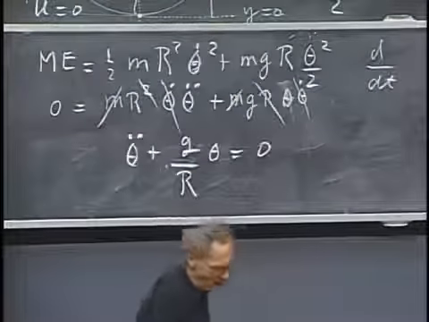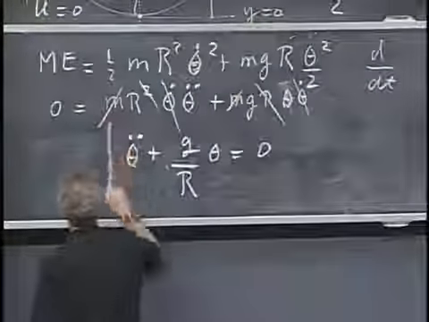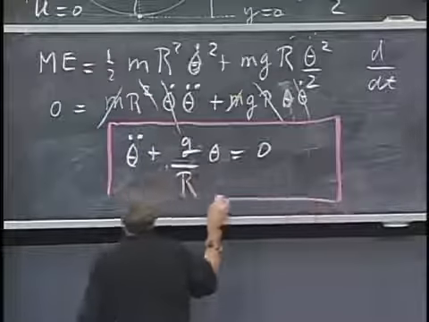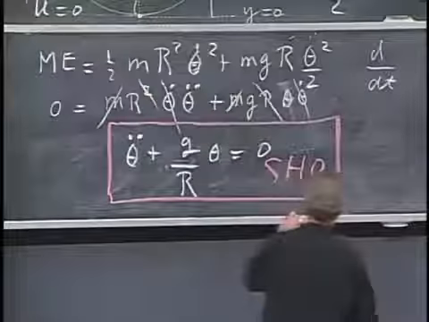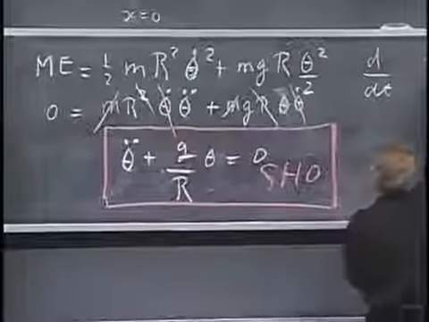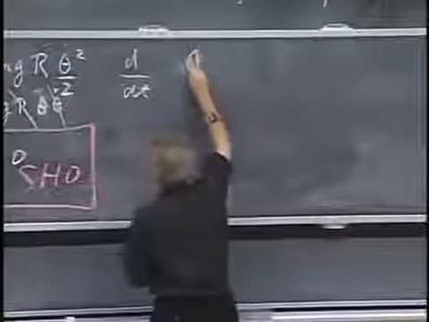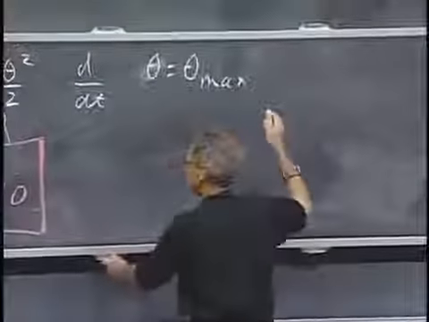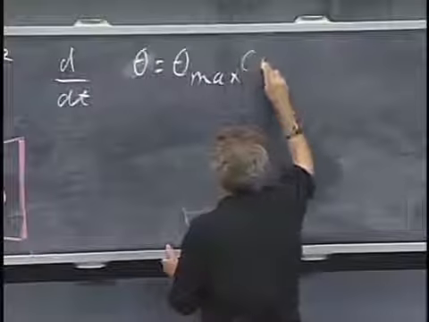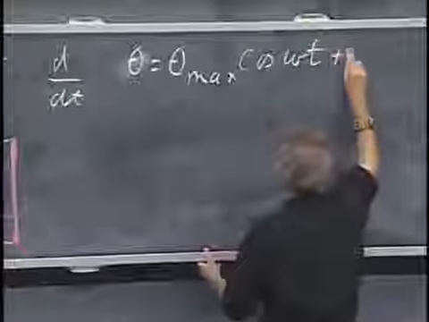And I couldn't be happier, because this tells me that the motion is that of a simple harmonic oscillation. And the solution is theta equals some maximum angle for theta, which is the amplitude in angle, times the cosine of omega t plus phi.